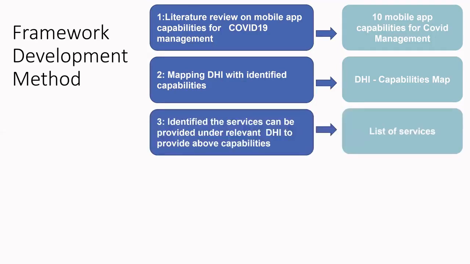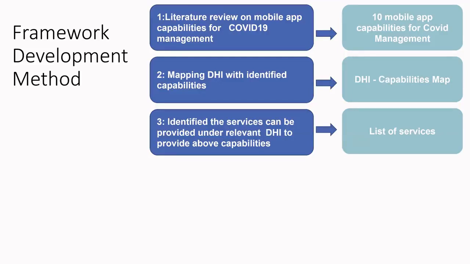In developing this framework, as a third exercise, we needed to identify more specific services. For example, let's say we have one capability called vaccine management. Then we map this vaccine management capability with WHO interventions. Let's say there is an intervention called transmit untargeted health information. So it's a generic intervention.